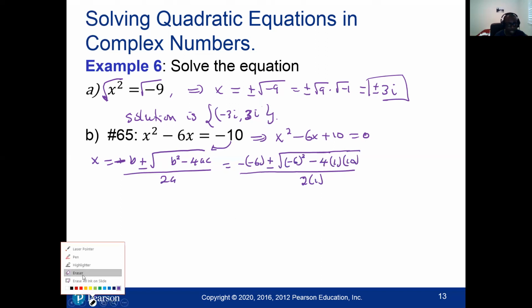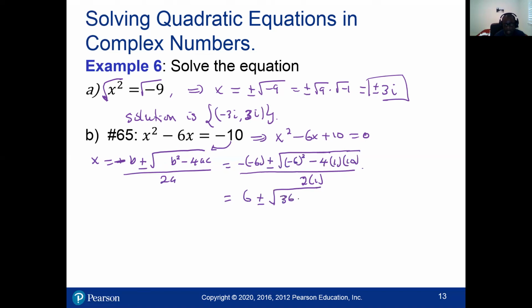So what would that give me? This is equal to positive 6 plus or minus the square root of 36 minus 40, divided by 2, which will give us 6 plus or minus the square root of negative 4, divided by 2.